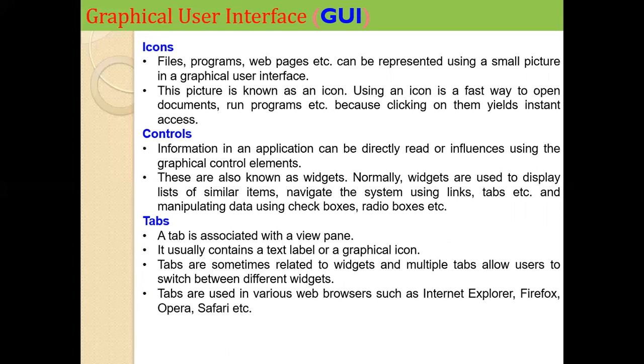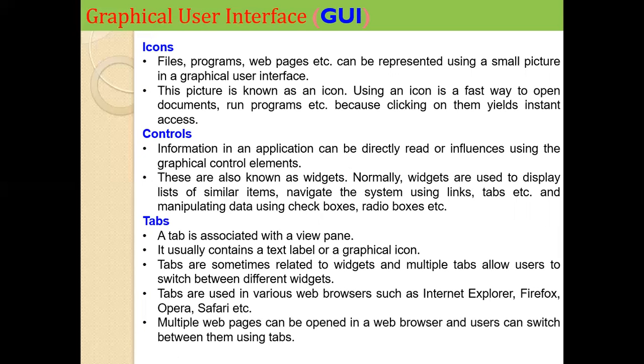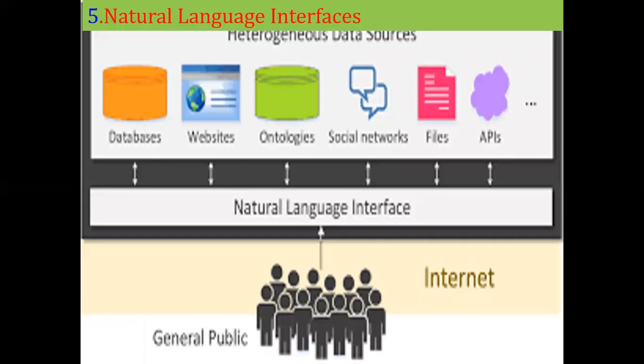The tabs are mainly used in various web browsers like Internet Explorer, Firefox, etc. With the help of tabs, we can move from one part of the screen to another part. And whenever we open multiple pages, with the help of the tab, we can switch from one tab to another tab. So many facilities are available in the graphical user interface.